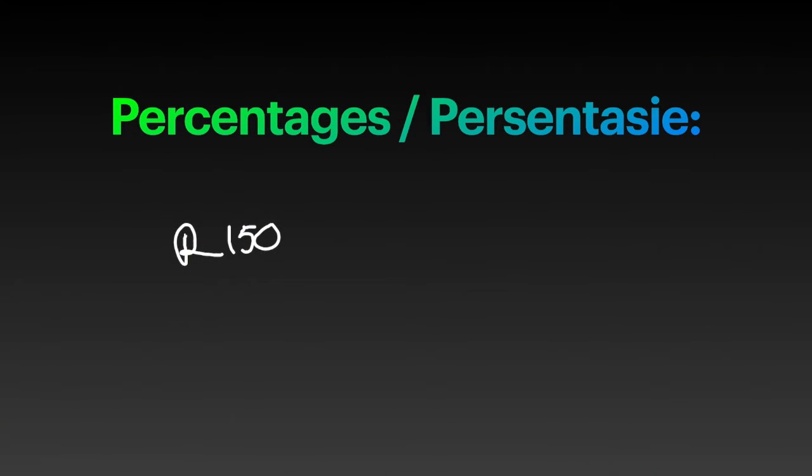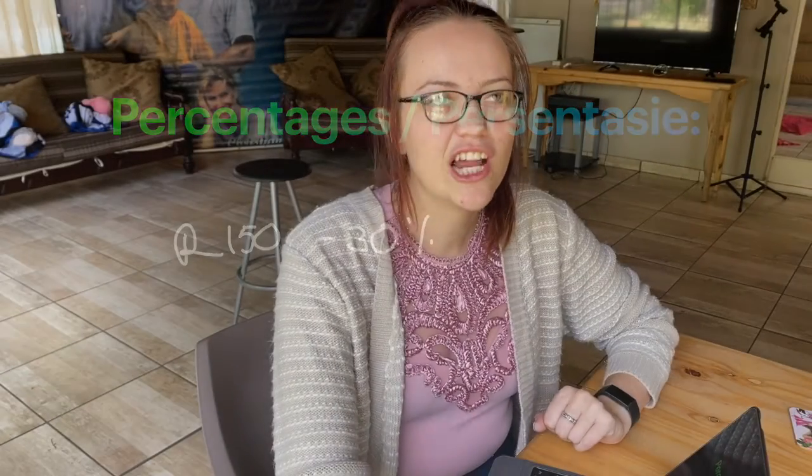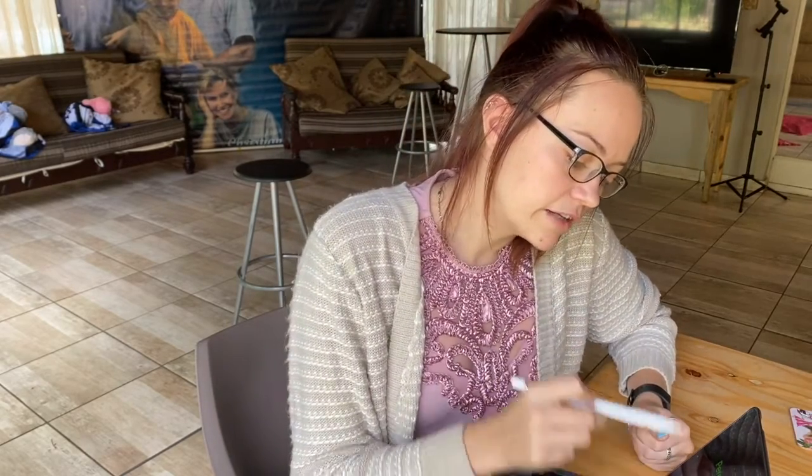But we're giving you a 30% discount. So 150 minus 30%. And now you're like, but how? It's a fraction. You need to figure out what is 30% of 150 Rand. Minus it from the 150. And you will get the price that you're going to pay.